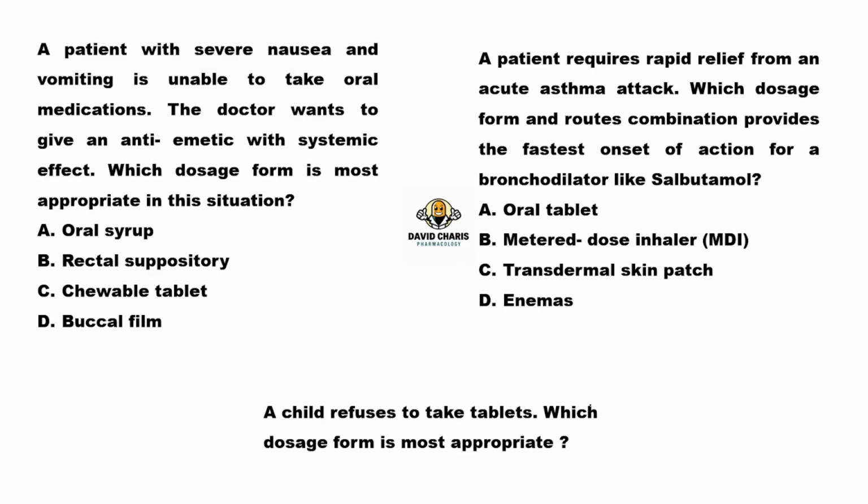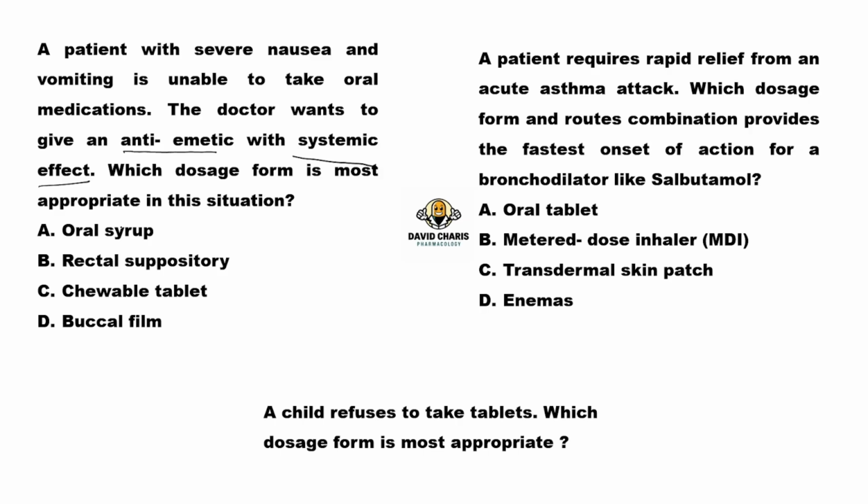Let's take on some clinical questions. Question 1 says a patient with severe nausea and vomiting is unable to take oral medications. The doctor wants to give an antiemetic with systemic effect. Which dosage form is the most appropriate in this situation? Of course, you can see here that we need an antiemetic drug with immediate systemic effect since the patient cannot take any drug orally.